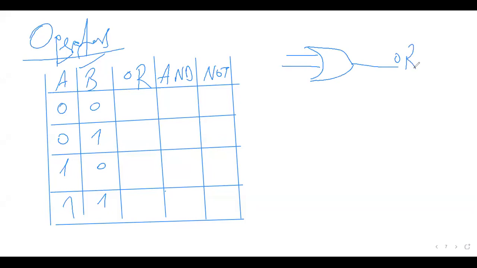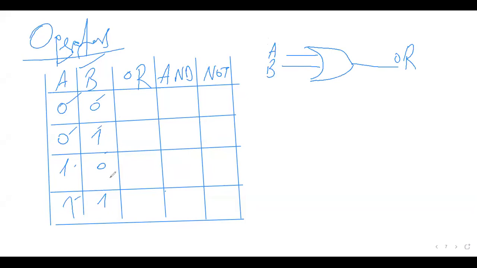Our output is OR. 2 inputs, possible combinations: A can be 0, B can be 0; A can be 0, B can be 1; 1, 0; 1, 1. These are the input combinations. What will be the outputs?